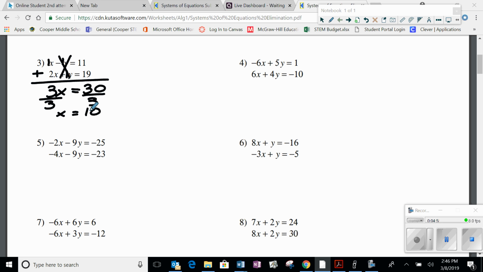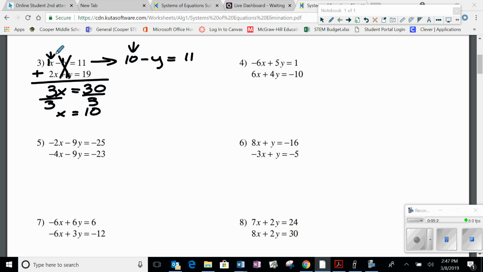Okay? So I'm going to take the first equation, and it was a 1x. So I'm going to put 10 because x equals 10, minus y equals 11. I substituted 10 in place of the x value.